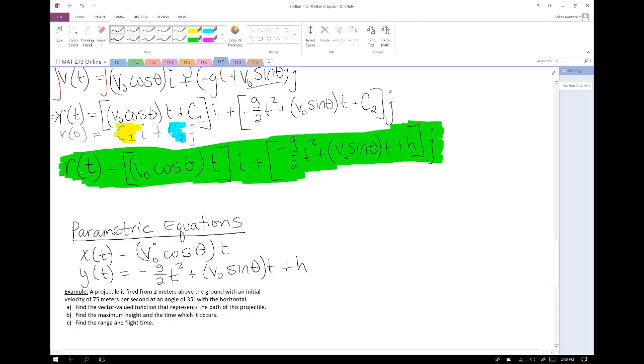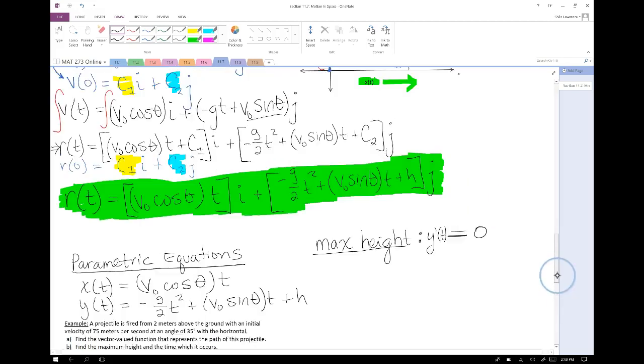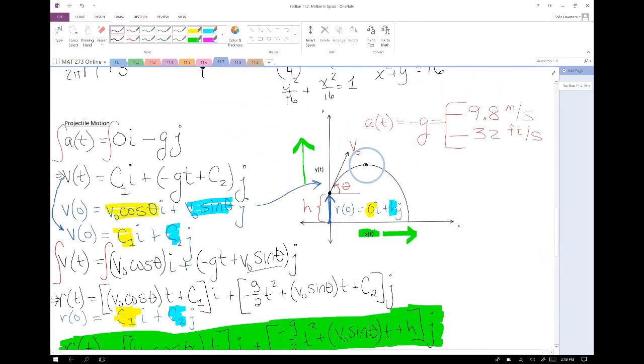Some common questions that we are asked about projectile motion are maximum height and range. So maximum height is going to occur when y prime of t equals 0. So if you look back at our graph, you can probably just eyeball where the maximum height is.